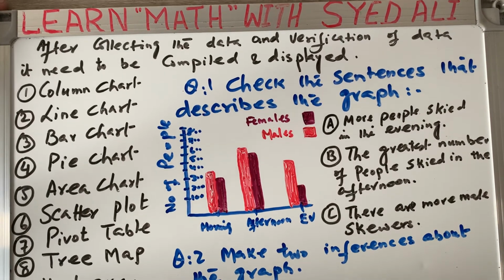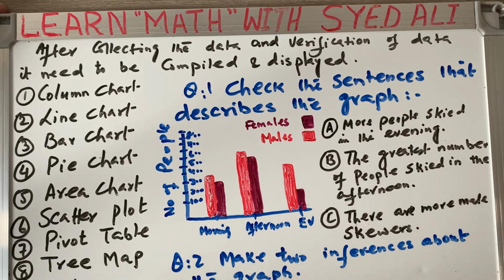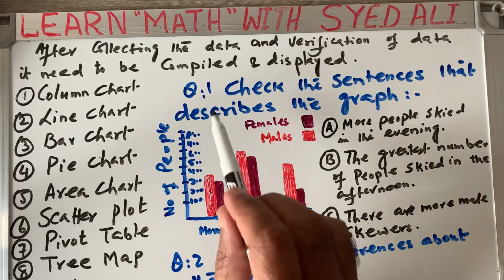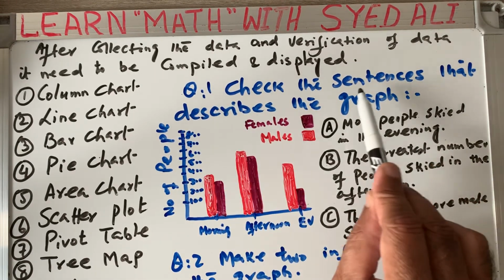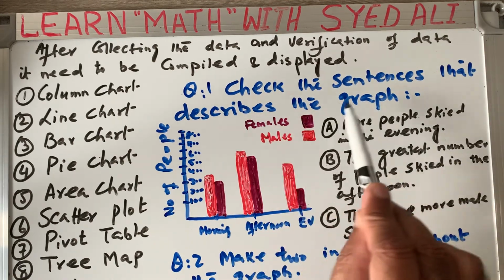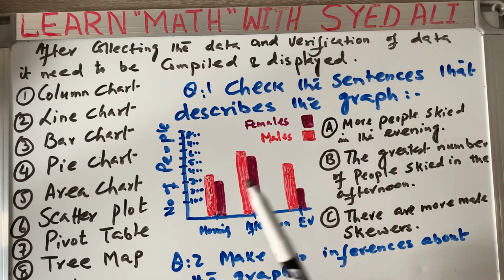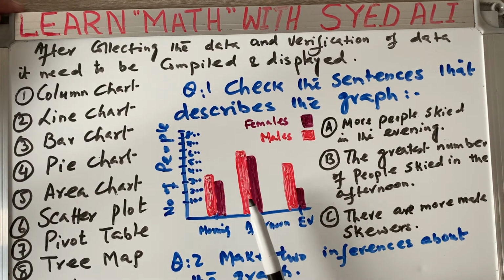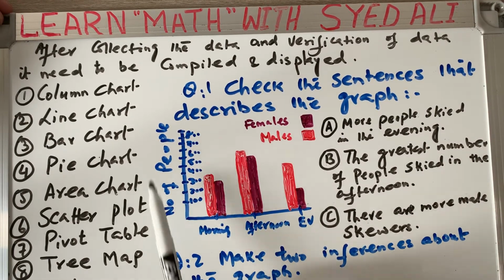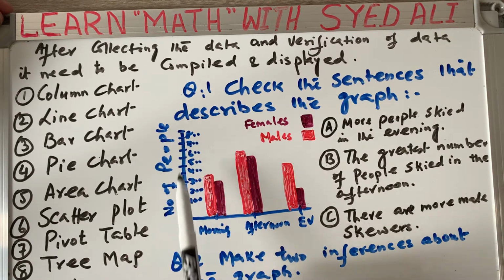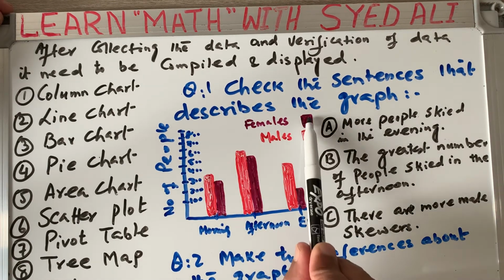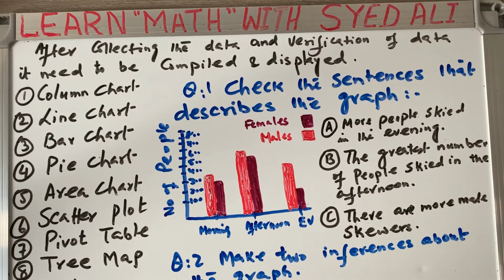It's just the beginning of data management, so we will see here what the question is. Check the sentences that describe the graph. Here are a few sentences, and the data has been collected and shown in the bar graph: the number of people skiing in the morning, in the afternoon, and in the evening. The brown color is females and the males are red.